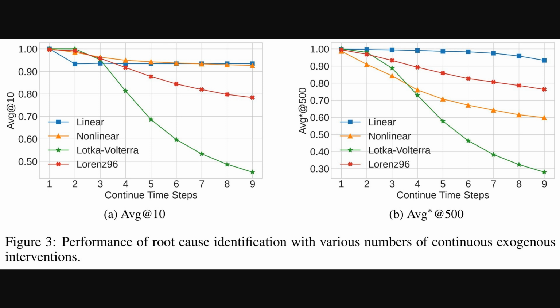Plot A shows average AC at 10, an average accuracy for identifying the correct root cause series. Plot B shows average AC star at 500, which measures accuracy in pinpointing the specific time step of that intervention. While performance naturally dips as interventions get longer, AERCA remains quite robust, especially for the linear and nonlinear datasets.